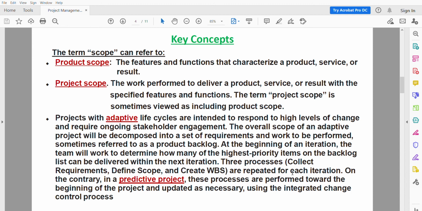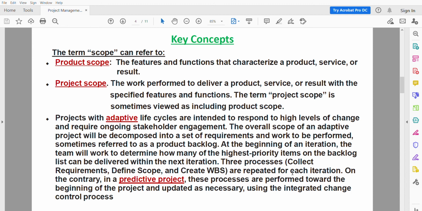I just want to touch shortly on the considerations for agile and adaptive environments. In projects with evolving requirements, high risk, or significant uncertainty, the scope is often not understood at the beginning of the project, or it evolves during the project.